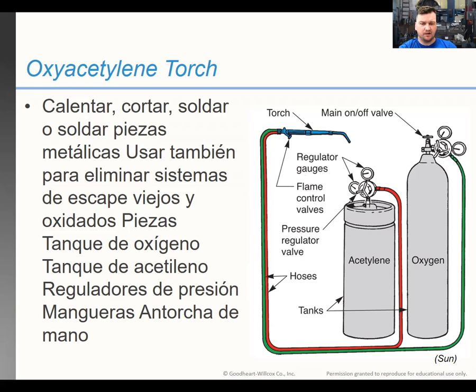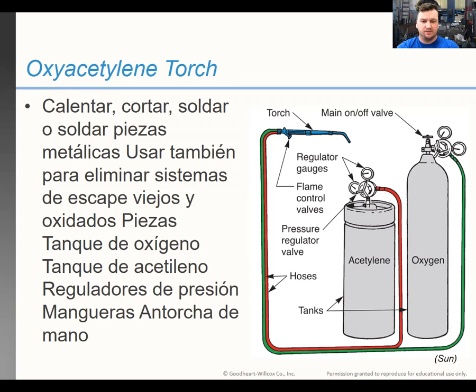All right, the parts to it, you have your oxygen tank, which is the taller, narrower tank on the side. This will always have a green hose to let you know that's oxygen.